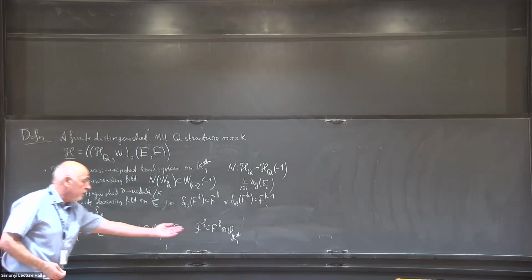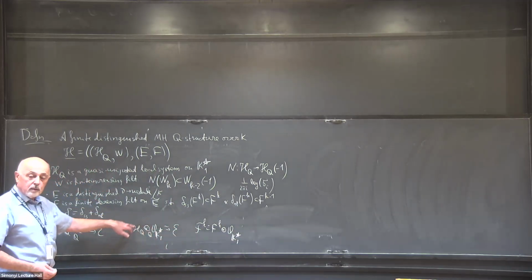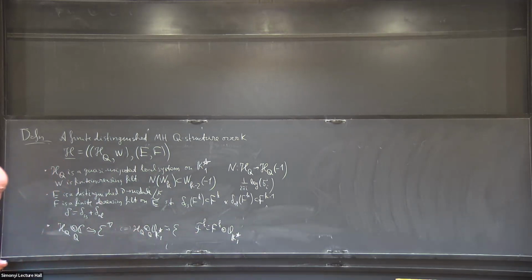If we lift this filtration to this tensor product, we get a variation of mixed Hodge structures, the usual classical definition.